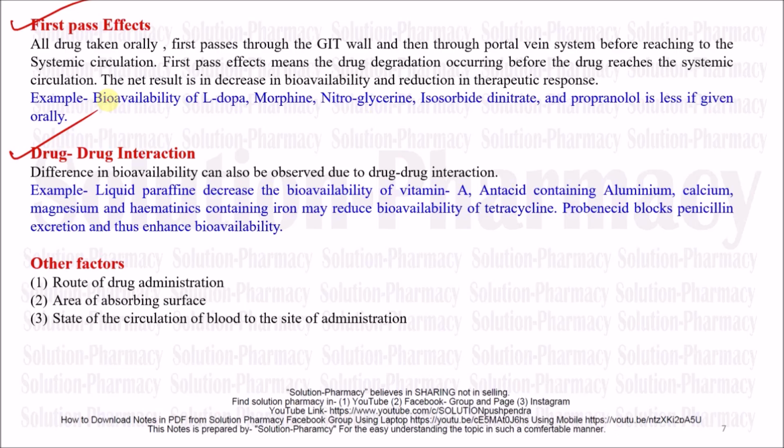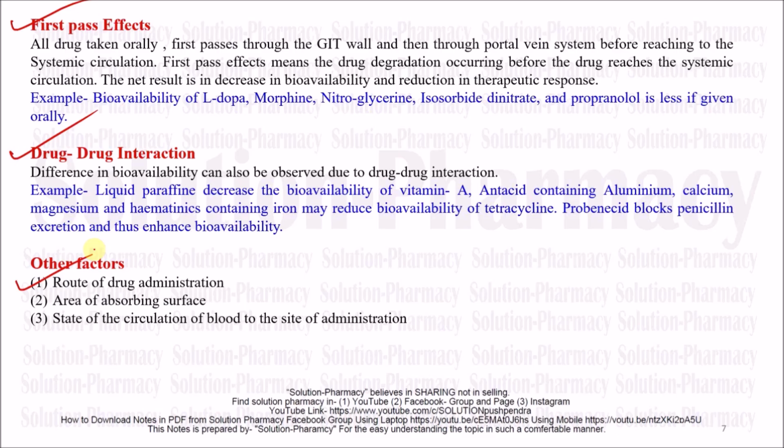Now the next and last one is other factors, like route of drug administration. If you are giving any drug via the oral route of drug administration, its bioavailability will never be 100%. But in case of IV, it is considered to be 100%. So I have explained the other point, area of absorption surface.